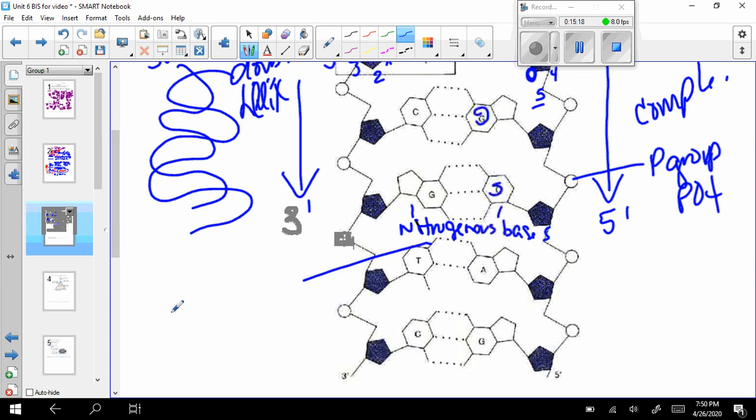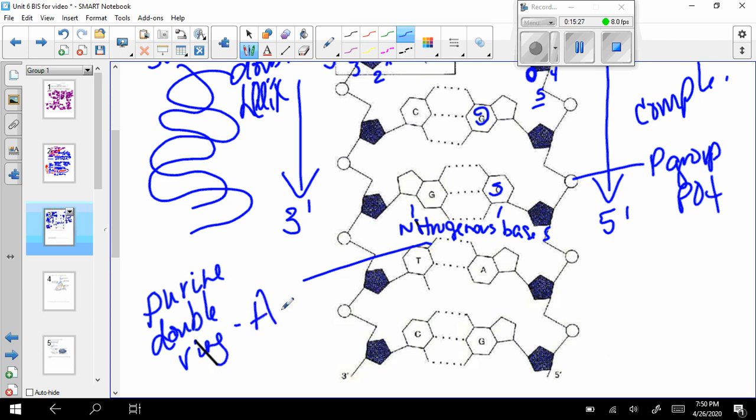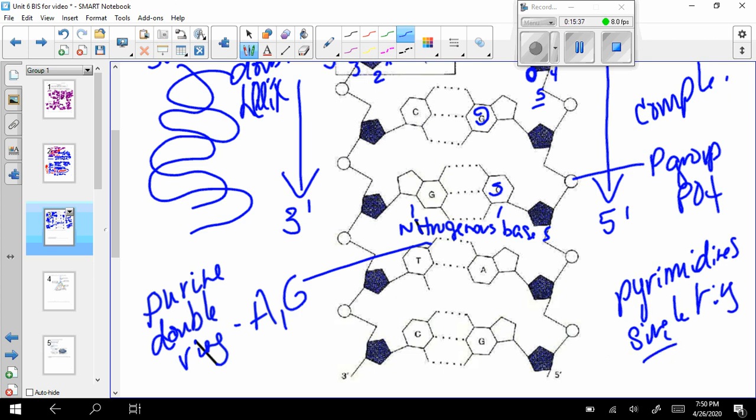Nitrogenous bases could be purines, which are the double rings: adenine and guanine. And then there are also pyrimidines, which are the single rings, the T's and the C's, thymine and cytosine.